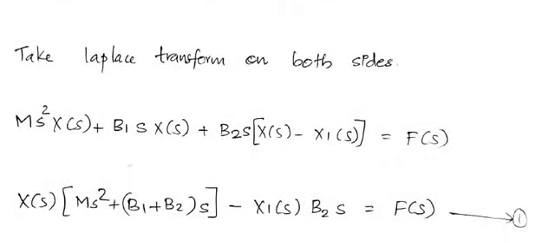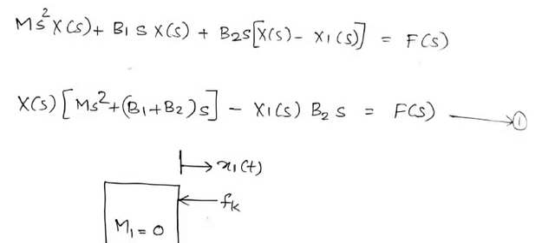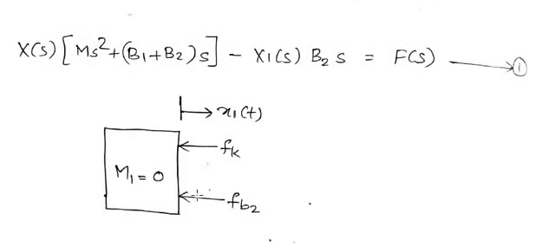Now we have to go for the free body diagram of M1. So when you draw that free body diagram, inside the block you need to mark M1, but at the same time you have to mark it as 0, because in reality we don't have such a mass over there. Okay, now why are we drawing that particular mass?